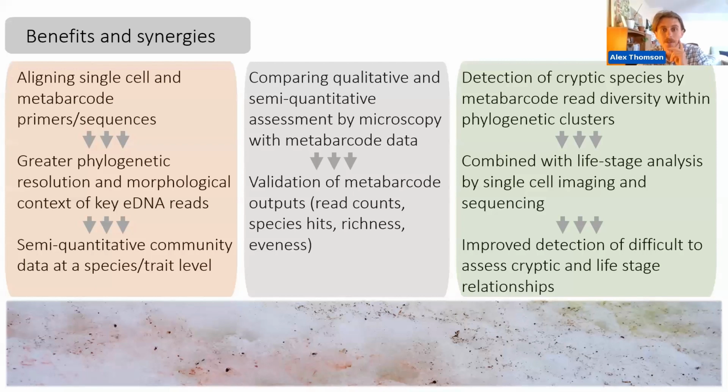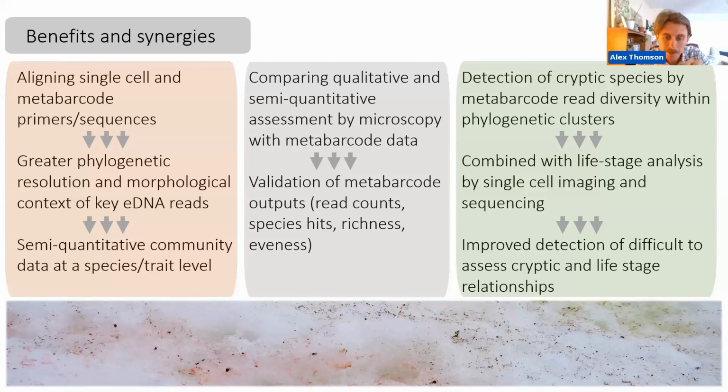This summarizes a few of the main benefits of combining these approaches. One of the first ones is that by having this single cell sequencing and image catalog in combination with a metabarcode, you're able to do all sorts of improvements in terms of improving the phylogenetic resolution of your metabarcode data set.